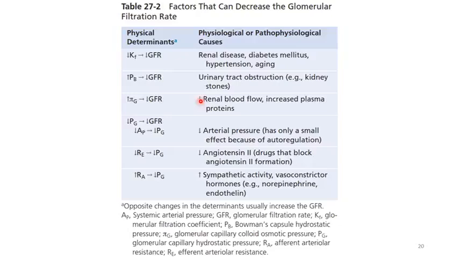For example, when renal blood flow is decreased, by reducing the amount of plasma that reaches the glomerular capillaries, and by increasing filtration fraction, you remember from the previous figures that we mentioned that when renal plasma flow is decreased, filtration fraction will increase.